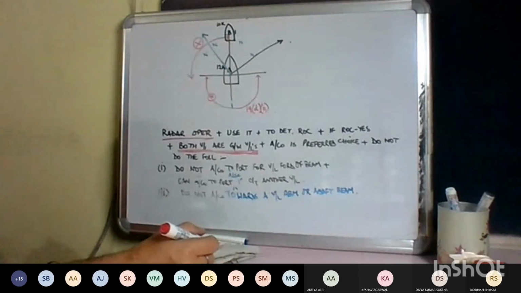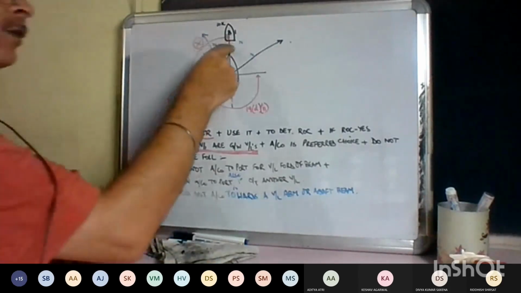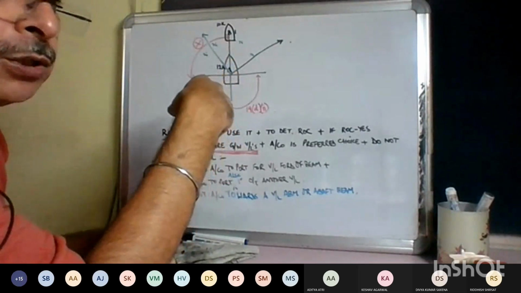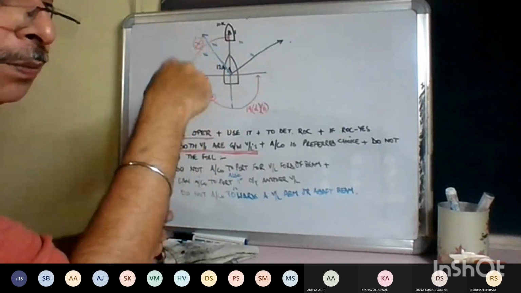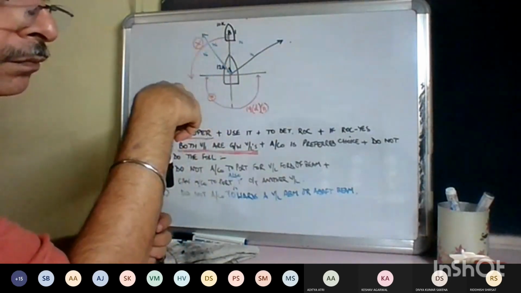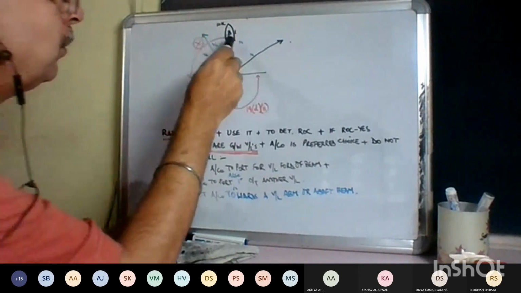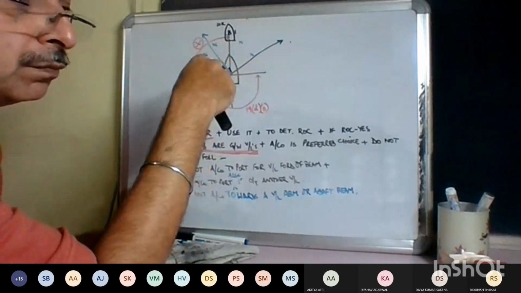Not possible. Why? Because both vessels are give way vessels. Can you increase your speed? No, not possible. You're already at safe speed in RV. You cannot increase speed. Can you reduce your speed? Not possible, because if you reduce your speed, collision will happen, TCPA will reduce.